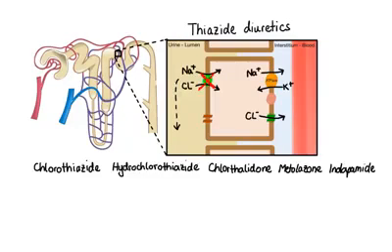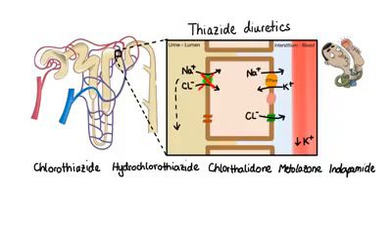Now, when it comes to side effects, just like loop diuretics, thiazides can cause hypokalemia, which results from increased delivery of sodium to the distal parts of the tubule. Moreover, similarly to loop diuretics, thiazides can also lead to hyperuricemia by interfering with uric acid transport, which in turn may exacerbate gout.